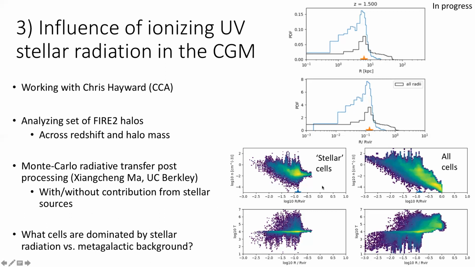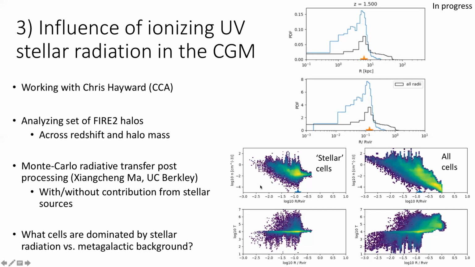And this makes sense because stars wouldn't necessarily have a lot of the photons needed to produce significant ionization in very hot gas, sort of 10^5 or 10^6 K or above.